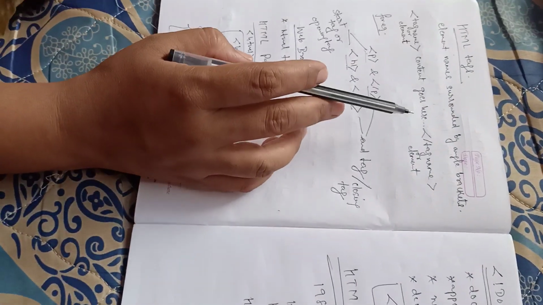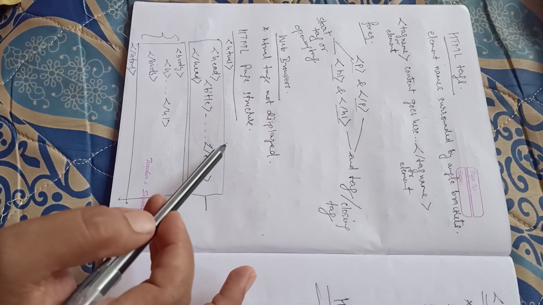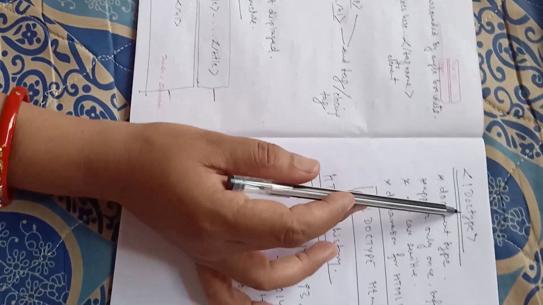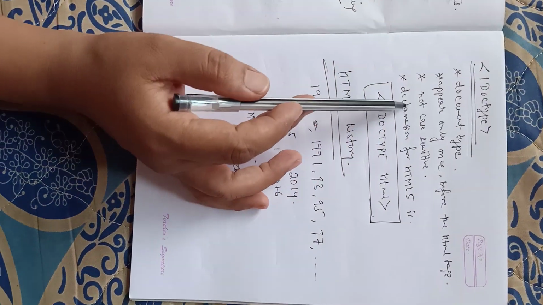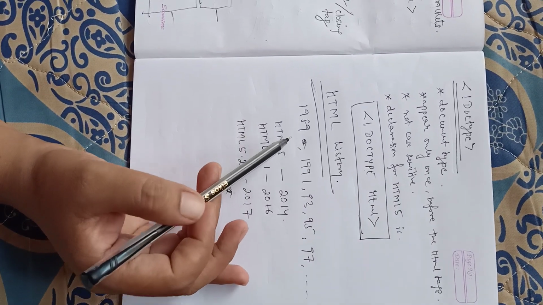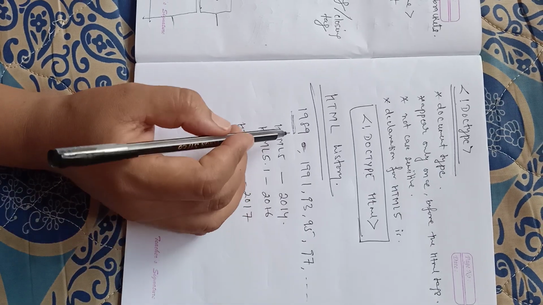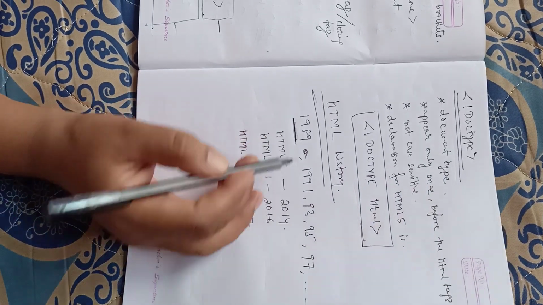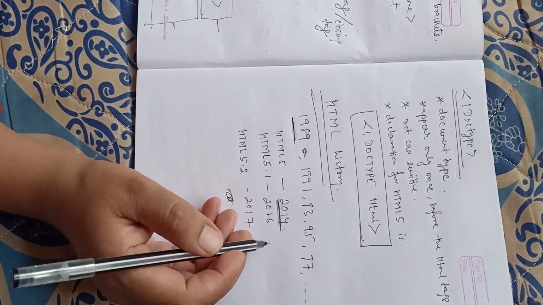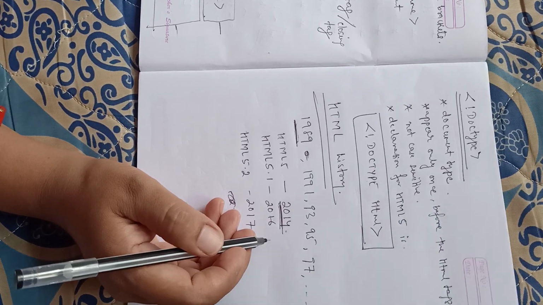Then what an HTML tag is, what a web browser is, what the HTML page structure is and how it looks overall, what doc type is, why it is used, how it is written for HTML5, and a brief history of when it started. You need to remember that HTML started in 1989 and the first version of HTML5 was in 2014. Okay, so that's it for today. We'll be continuing in the next class. Thank you.